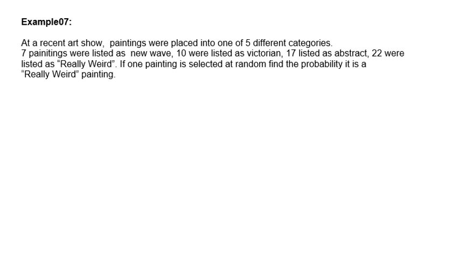One painting is selected at random, and we want the probability it is a really weird painting. Now, this again is a probability problem where we know exactly how many items are in the population and categories. So we should be able to count our way through this problem.